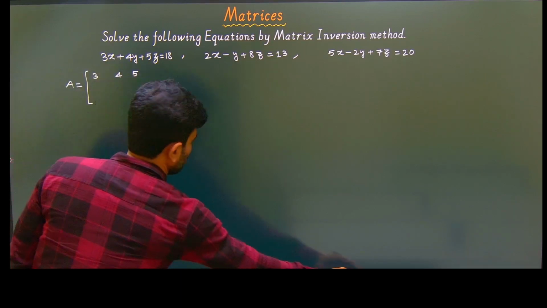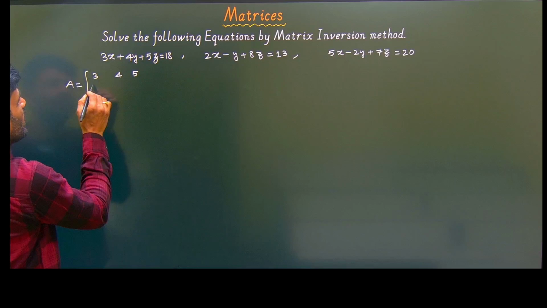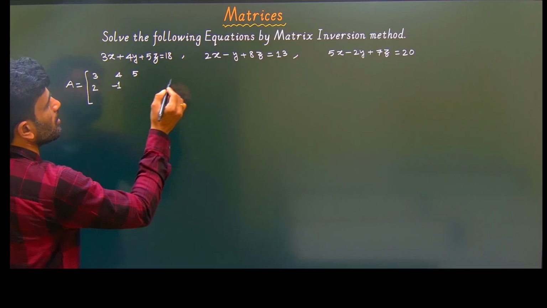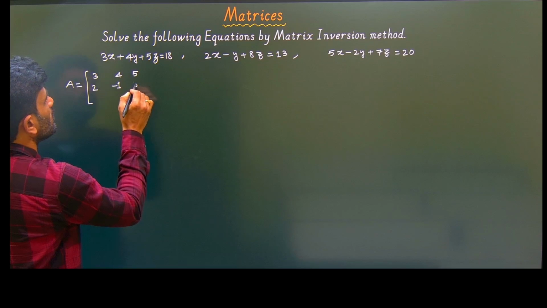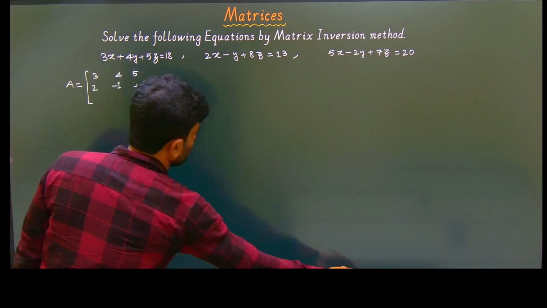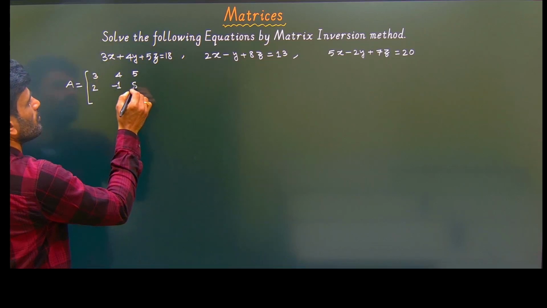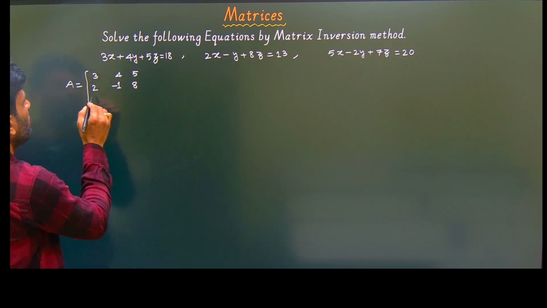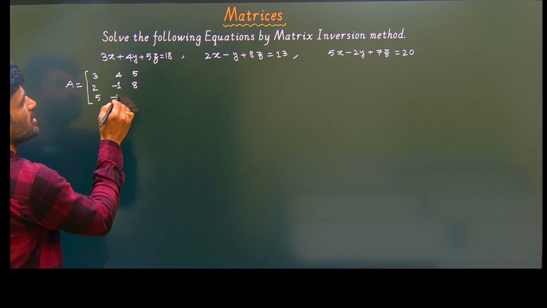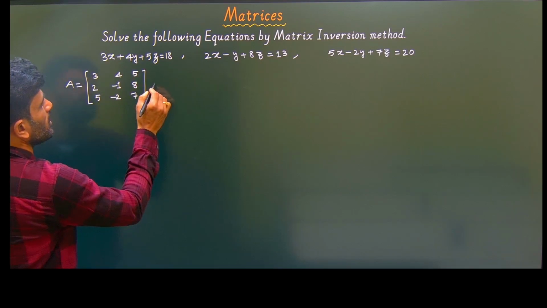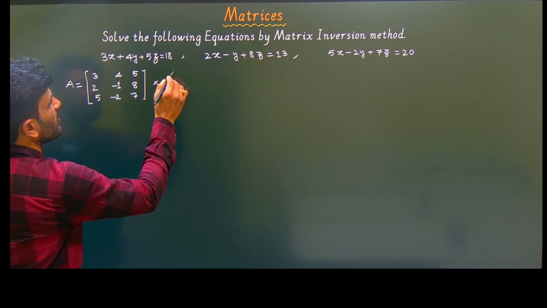In the second equation we have 2, minus 1, 8, that we write in the second row. Next, in the third row we have 5, minus 2 and 7. These three we will write in the third row.